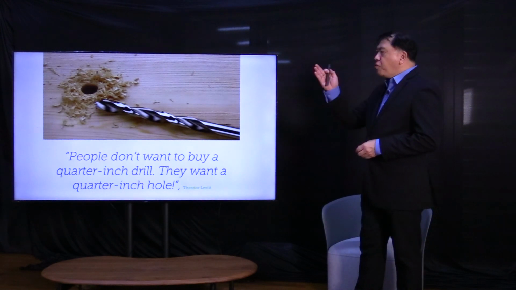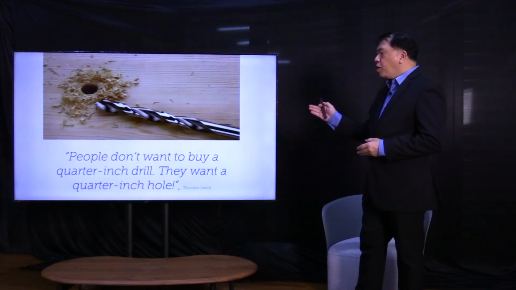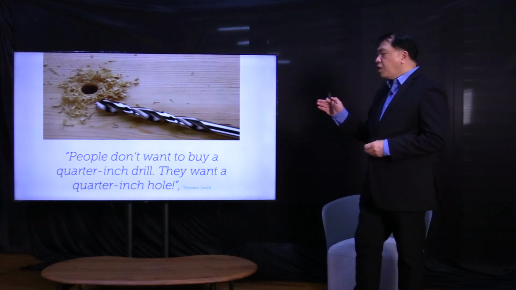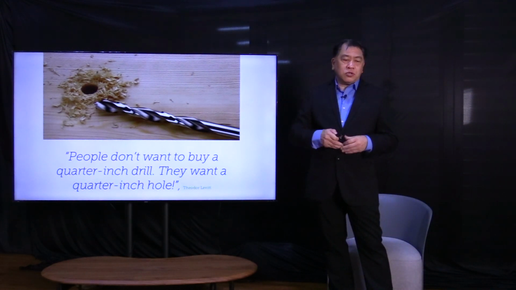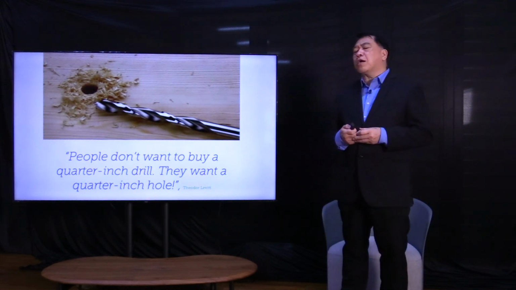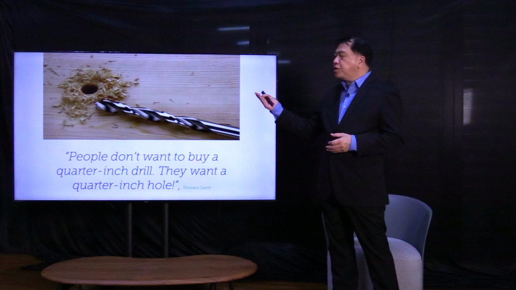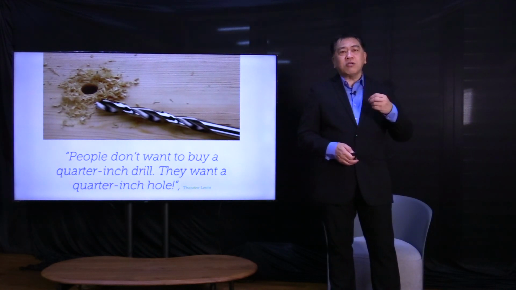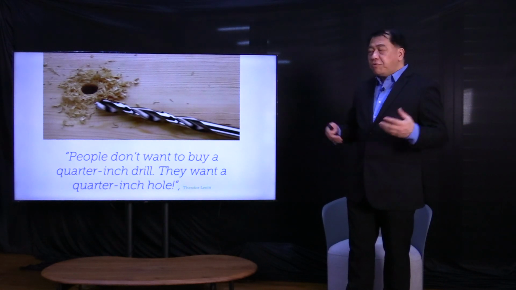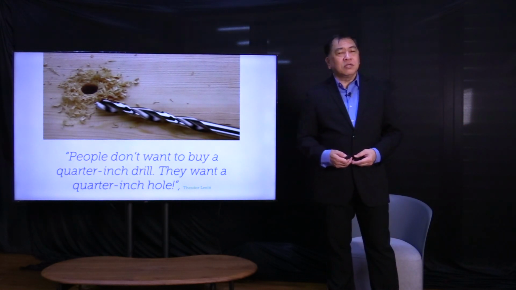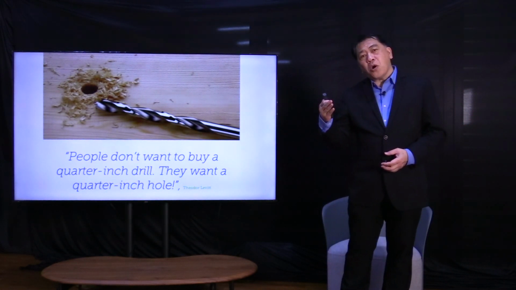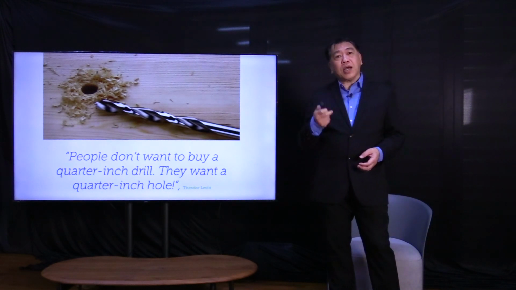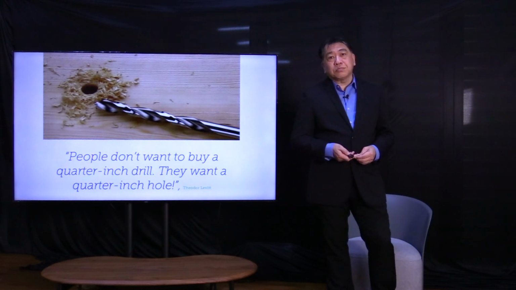When you are having a hole, people don't want to buy a 1/4-inch drill, they want a 1/4-inch hole. So if we talk about a new product concept and we're always looking at the drill, then we are always looking at how to improve the drill, how to make it stronger, how to make it more precise. But really, it's all about the hole, not about the drill. The drill is only one product to produce the hole.